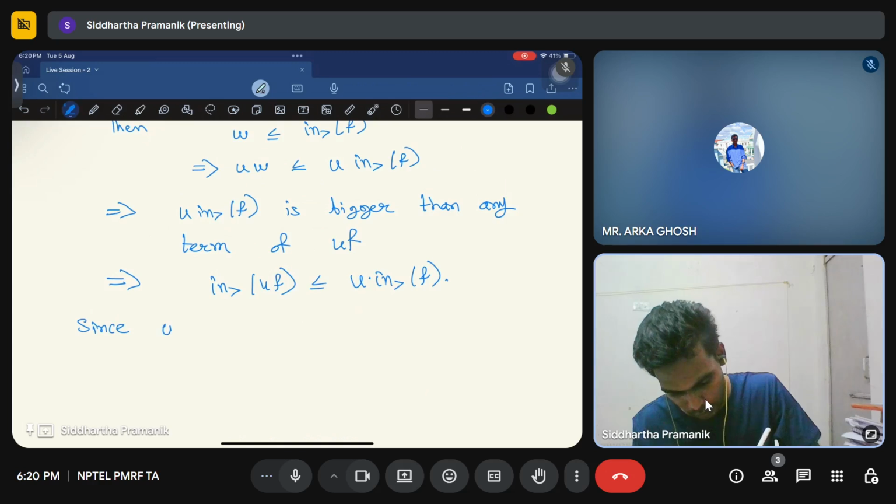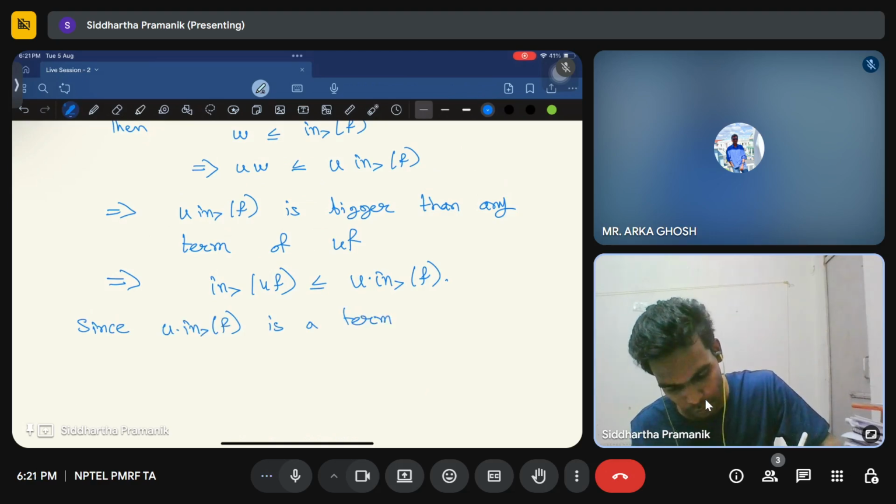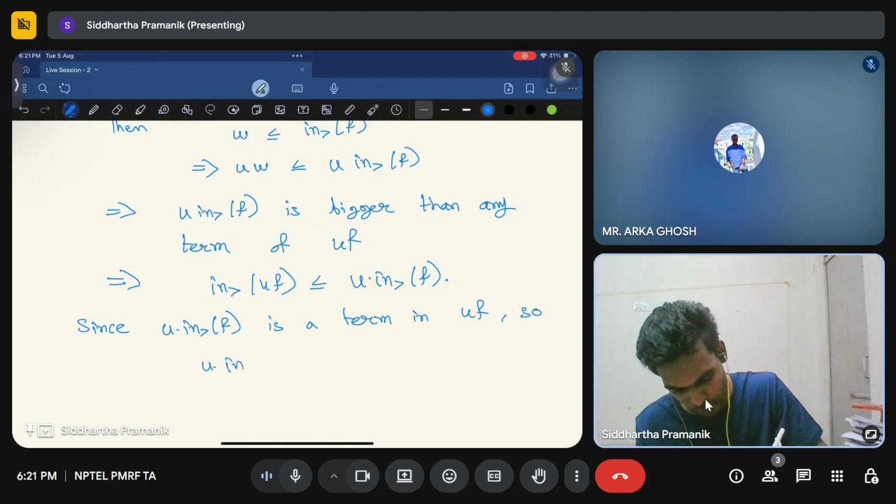Since u times initial of f is a term in uf, u times initial of f is less than or equal to initial of uf.